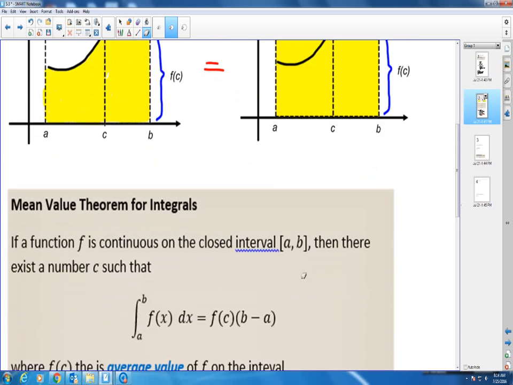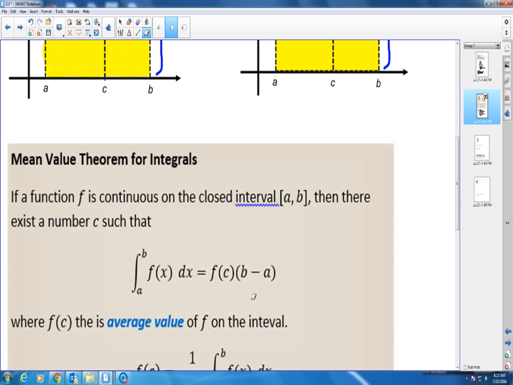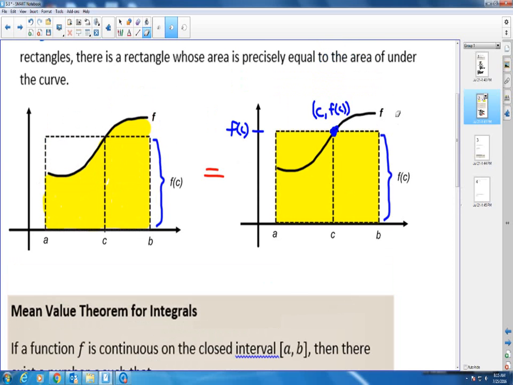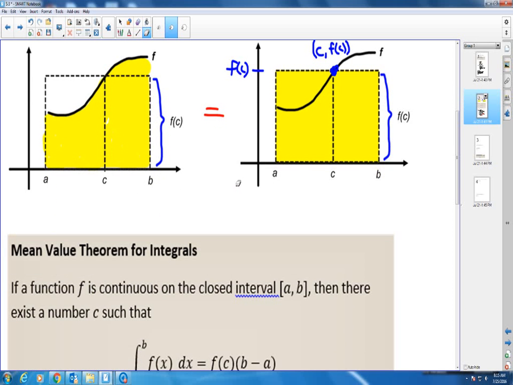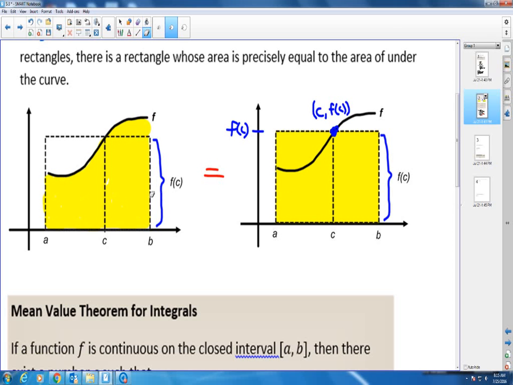So if we take the average value f of c times b minus a, which is 4 minus 1 is 3, 16 times 3 will give me the area under the whole rectangle, which is the same as the area under the curve. The only difference between this picture and that picture is that this yellow part is under the rectangle only, and this part is under the curve.